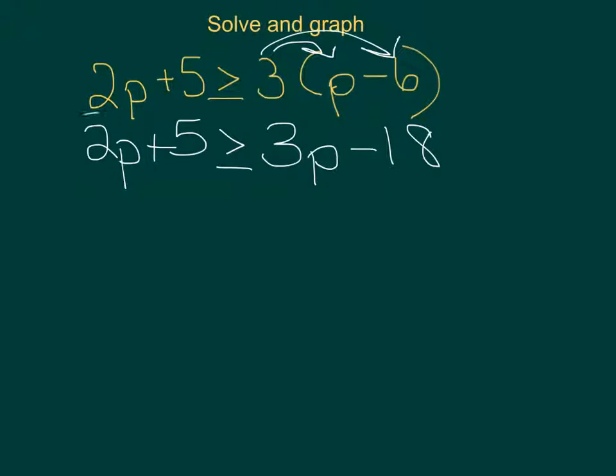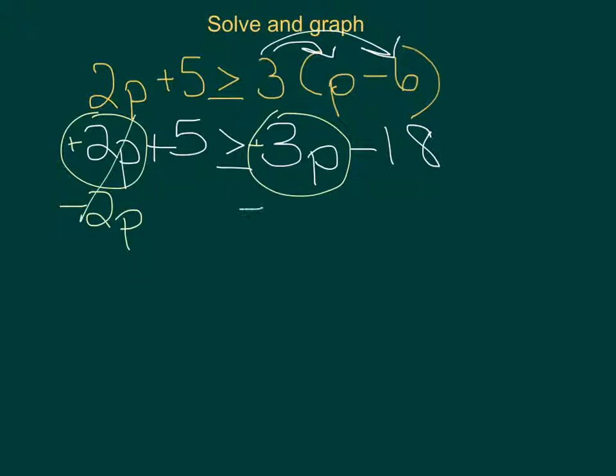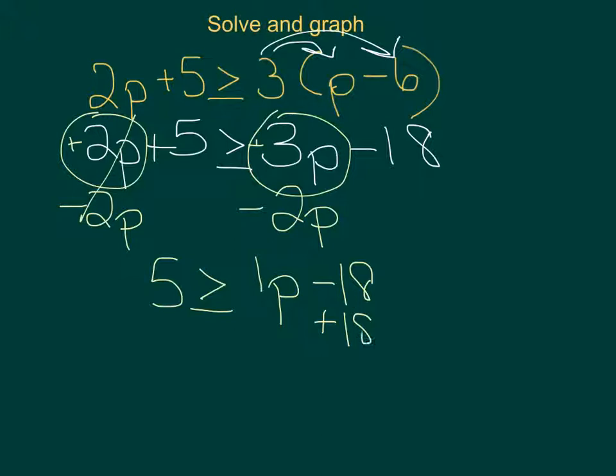I identify my like terms as a positive 2p and a positive 3p. So I am going to subtract 2p from both sides because I don't want to have negatives. So I am left with 5 is greater than or equal to 1p minus 18. I'm going to add my 18 to both sides to get 23 is greater than or equal to 1p.